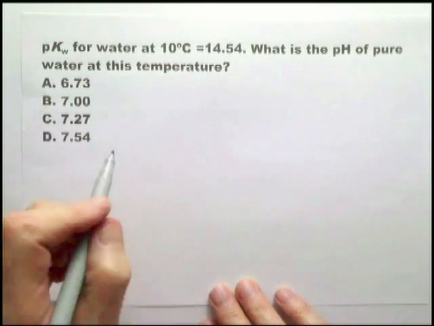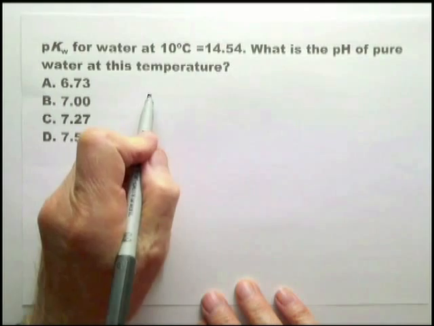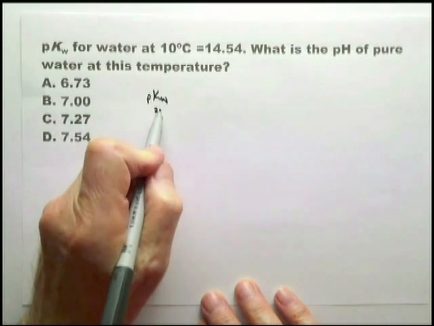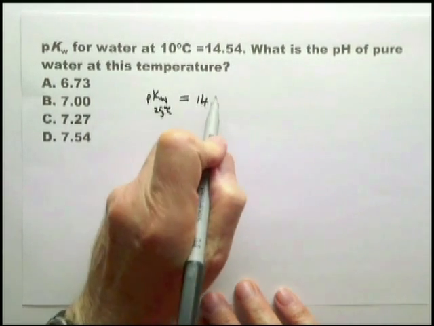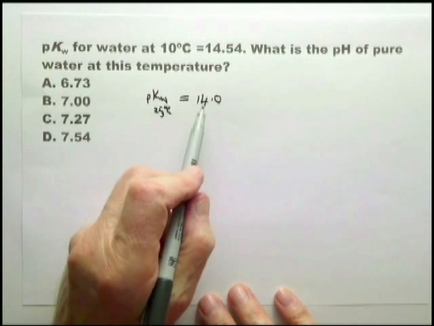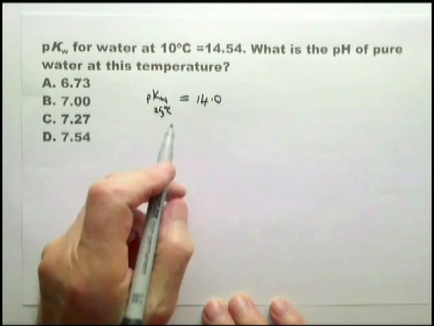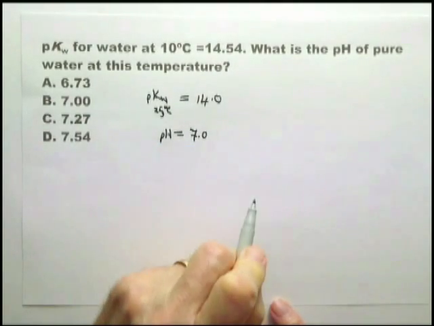If you go back to pKw at 25 degrees centigrade, you know that it equals 14.0. And you know that pure water at this temperature has a pH of exactly half that, 7.0.